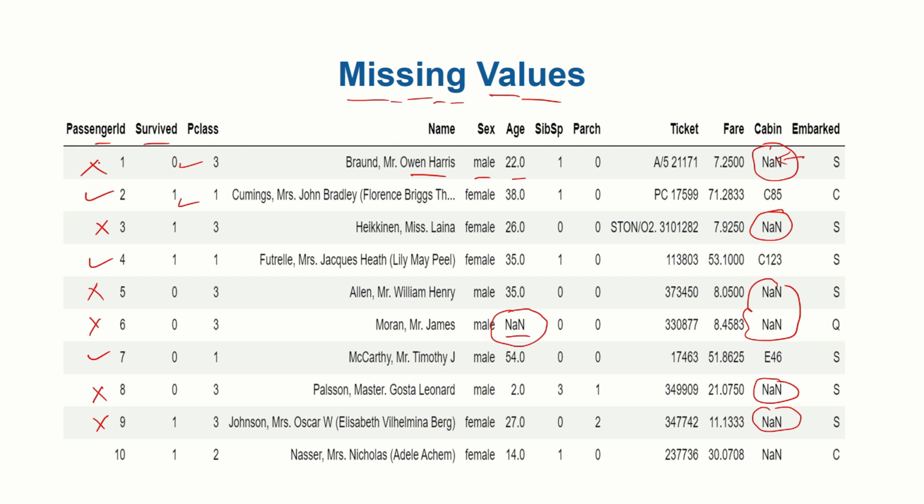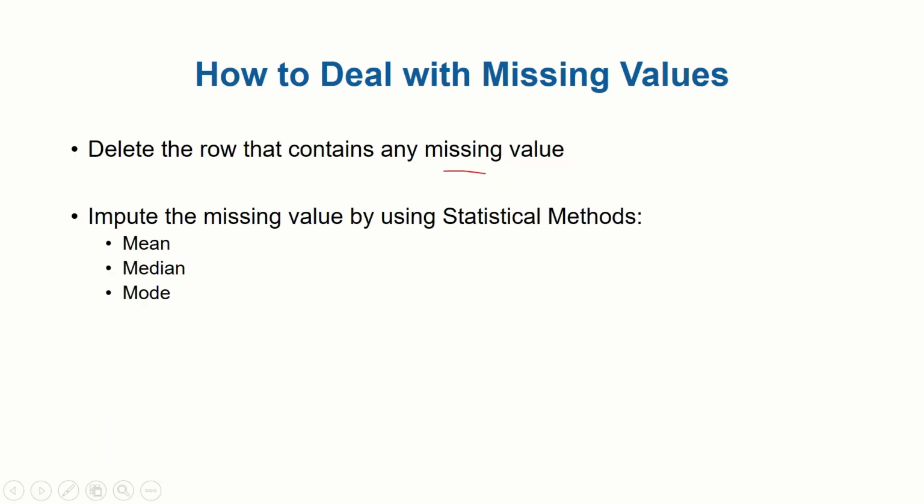However, if I have, let's say, only 1 out of 10 rows where the value is missing, then I can easily lose 10% of the data if I have a lot of data. So the second technique is imputation, imputing the missing values by using some statistical methods like mean, median, or mode. Mean is just an average.